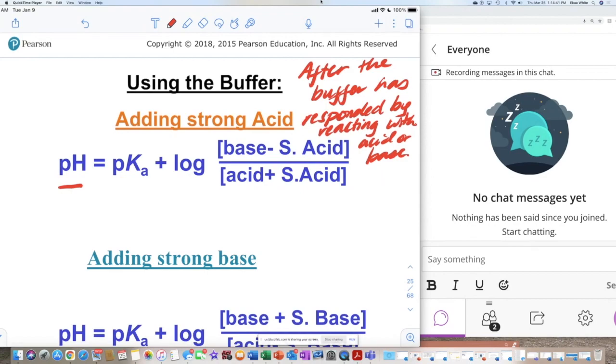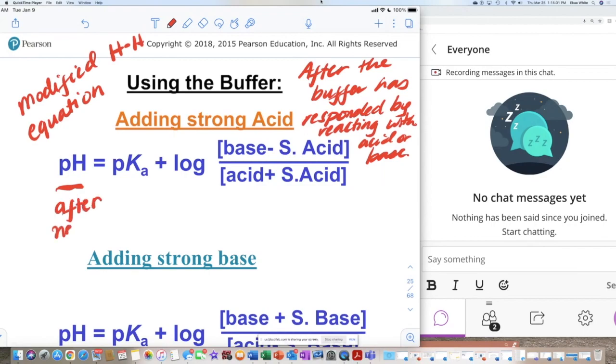We can use a modified version of the Henderson-Hasselbalch equation. You're seeing here a modified Henderson-Hasselbalch. I just call it the HH equation. It still helps us get the pH, but it helps us get the pH after neutralization has happened. What am I writing?